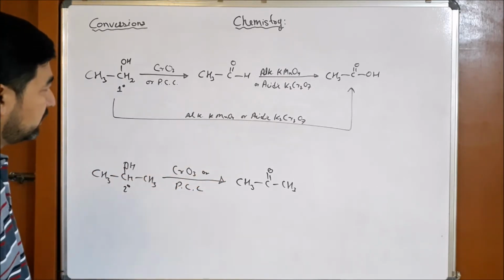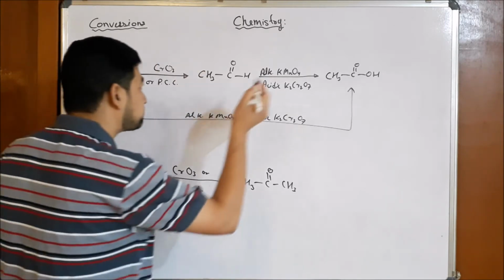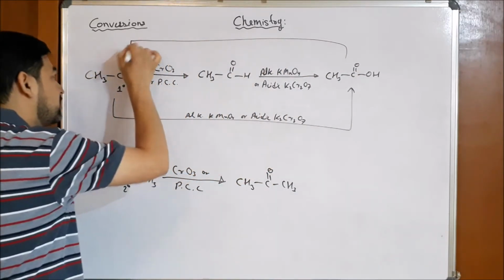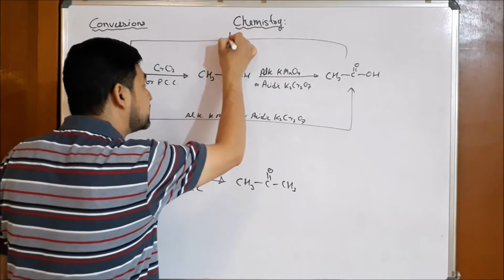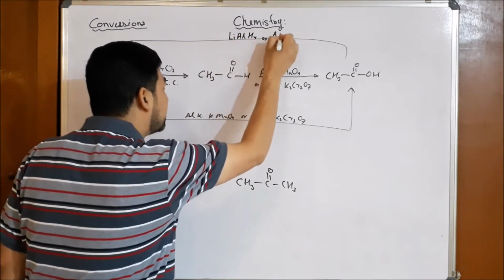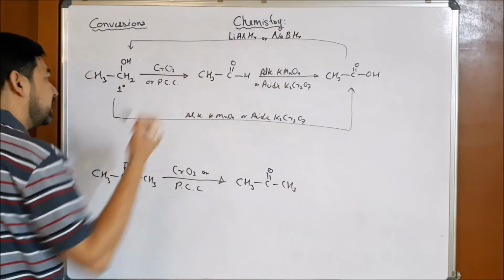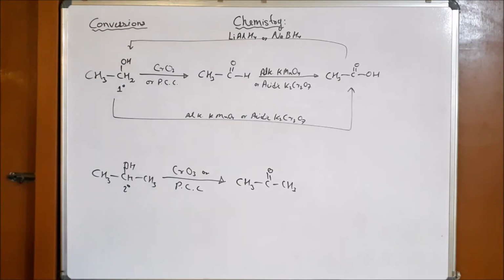Now coming back to the reverse: what will happen if we use a strong reducing agent? We have a reducing agent such as lithium aluminum hydride, or sodium borohydride, NaBH4. If you use this reducing agent, it will come back to our primary alcohol.